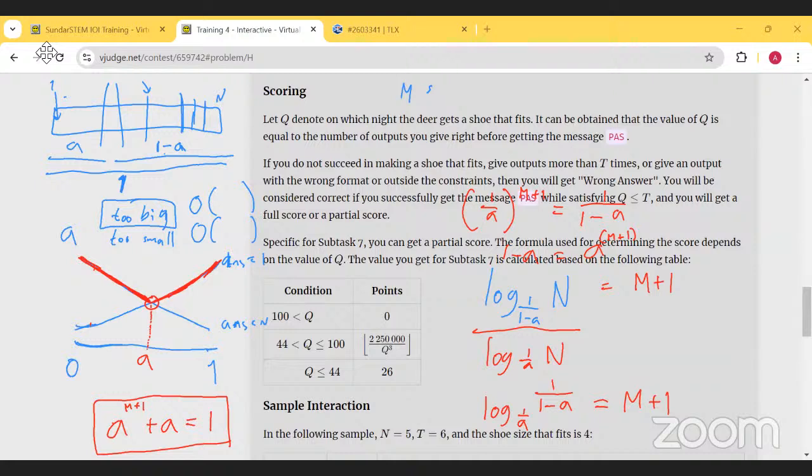Let me show the implementation. Okay, you're welcome.